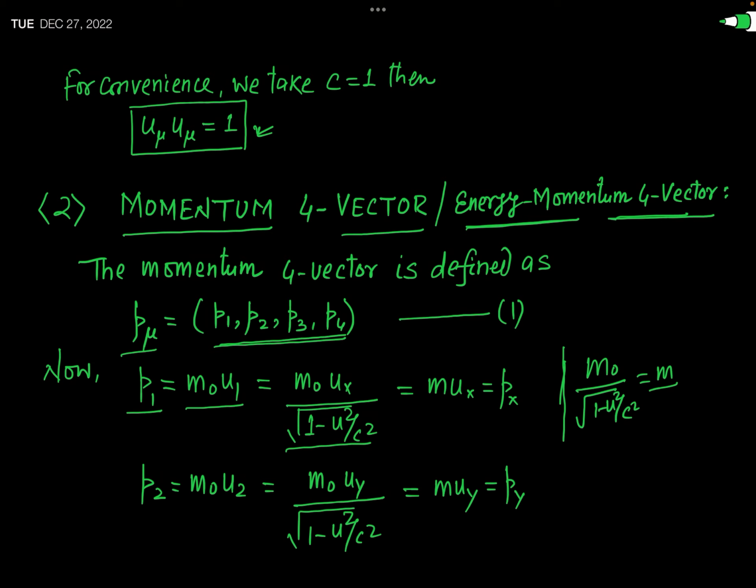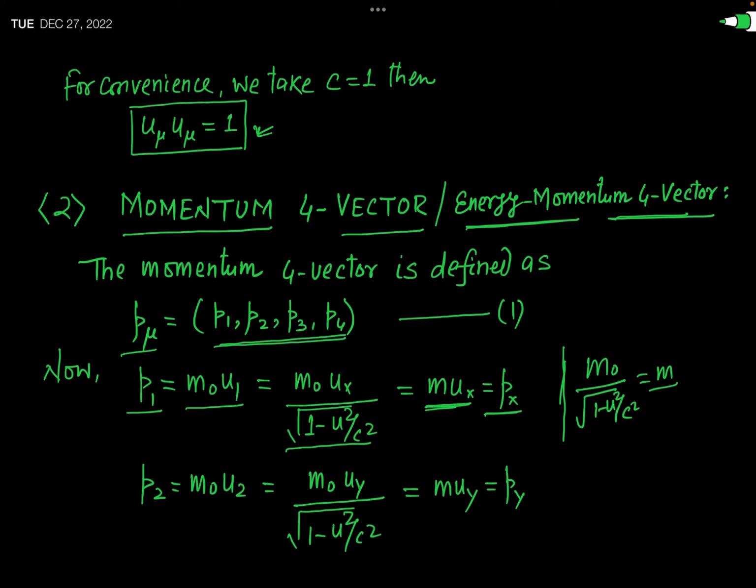So instead of m naught over root over 1 minus u square by c square, we write here m. And u1 is equal to ux divided by this one, so this is simply m times ux, and in the three-dimensional space, m times ux represents the x component of the three-dimensional momentum vector. So p1 is equal to m ux, which is equal to px.